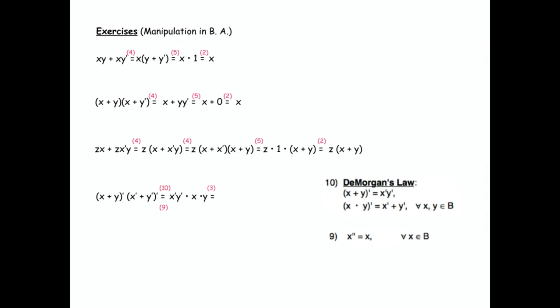Now, using the third axiom and the fifth axiom, it would be clearer if we switch the order, which you can because of commutativity. What you have is x complement and x, and y complement and y, right?